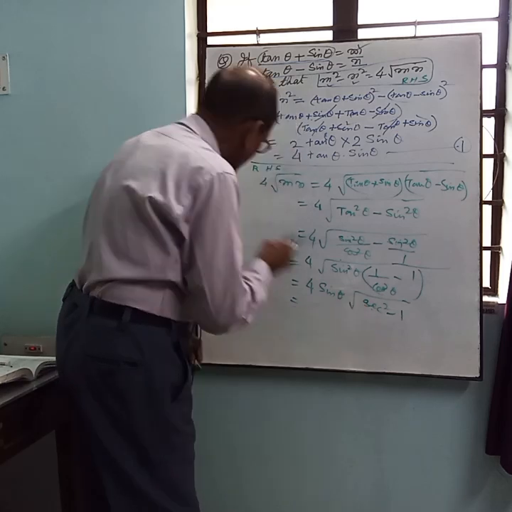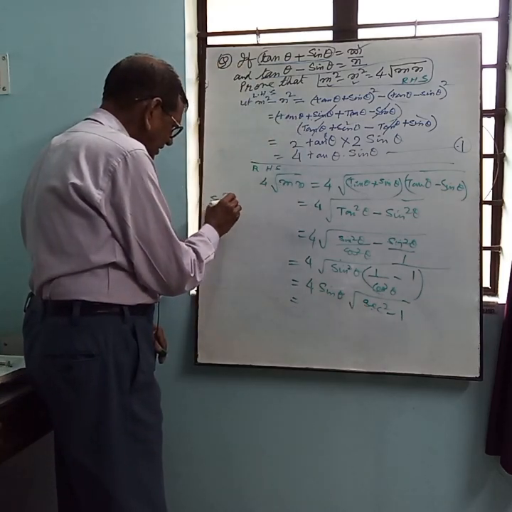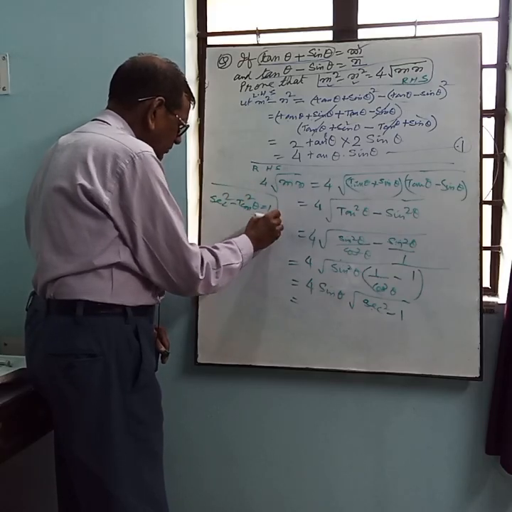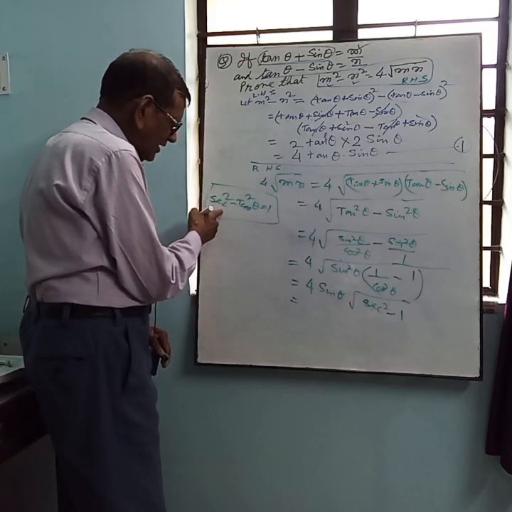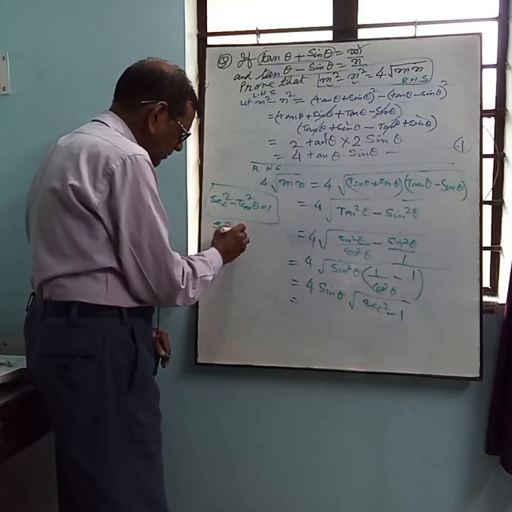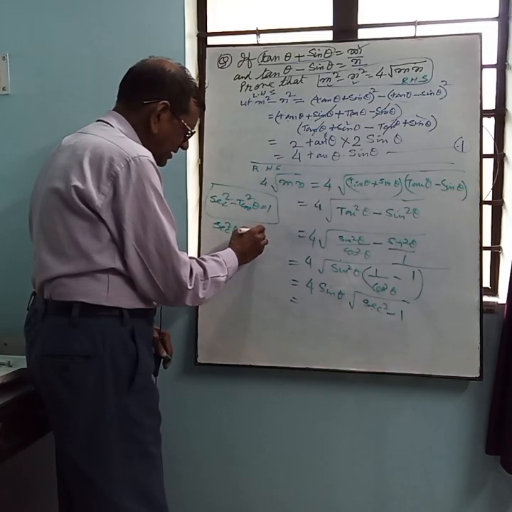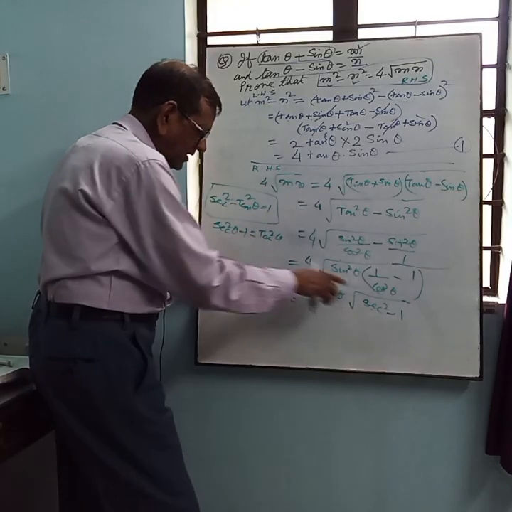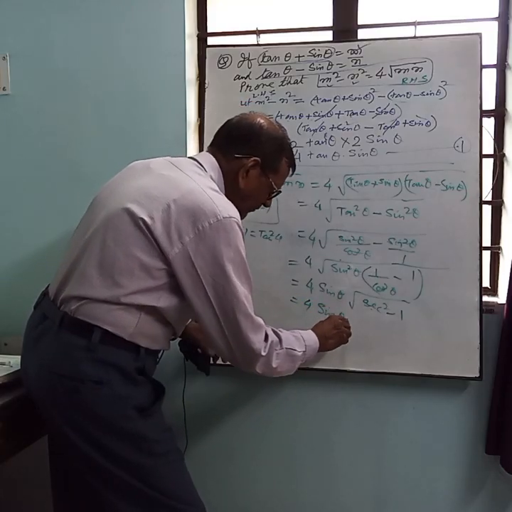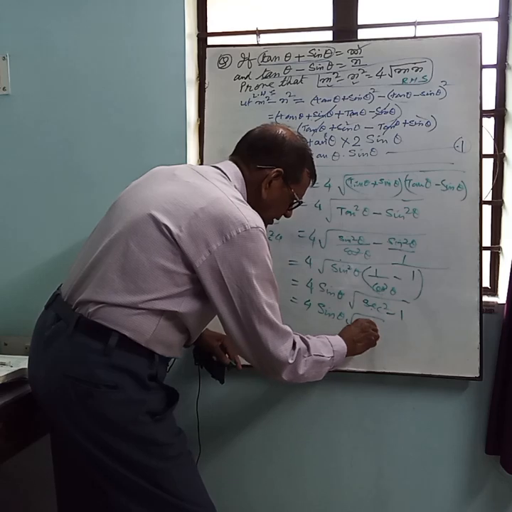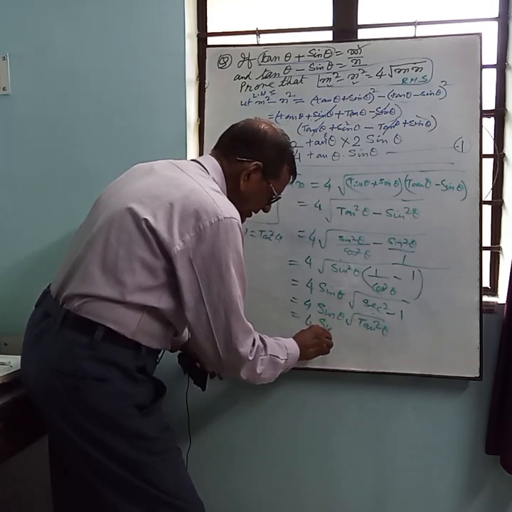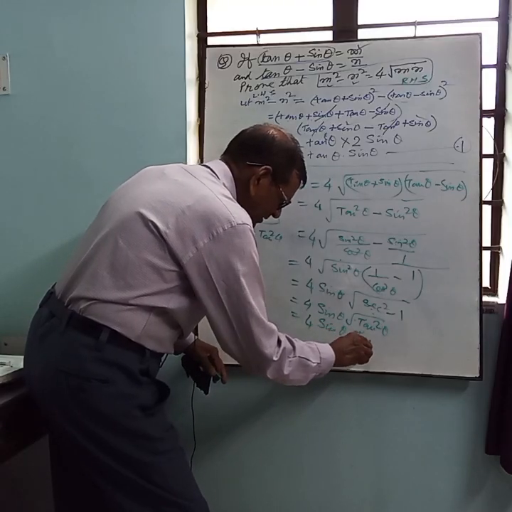Now, sec square theta minus tan square theta equals 1, this formula you must remember. So, with the help of this, sec square theta minus 1 gives you tan square theta. Apply this here. So it will come 4 sin theta under root tan square theta. So square root and square will be cancelled. So 4 sin theta into tan theta.